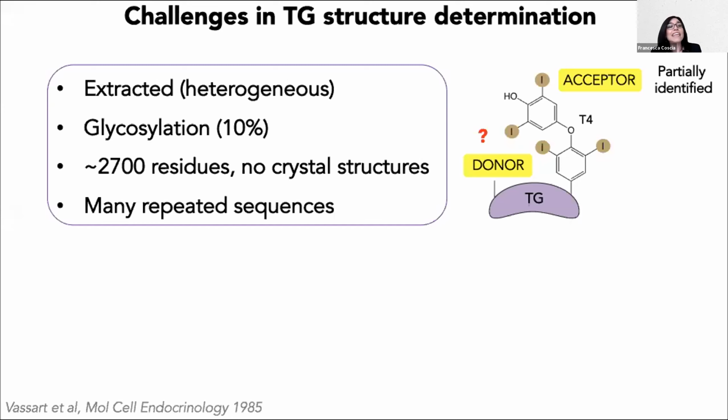First, because it's mainly extracted from thyroid, it can be quite heterogeneous, and also because it's highly glycosylated, it is difficult to get well-diffracting crystals. Moreover, it is composed of many repeated sequences, so it is actually very hard to find macro domains to do crystallization of parts of it.